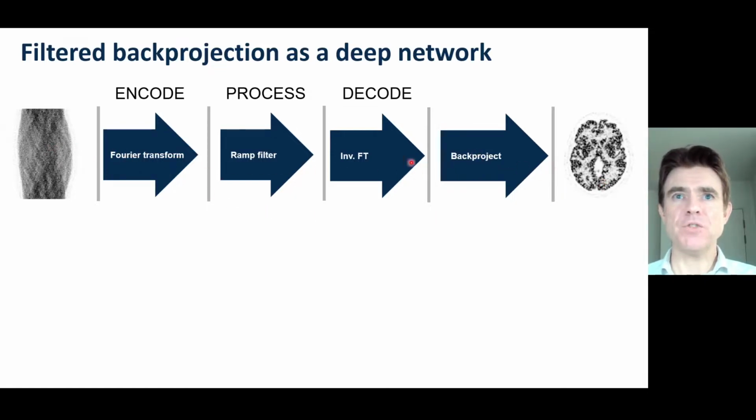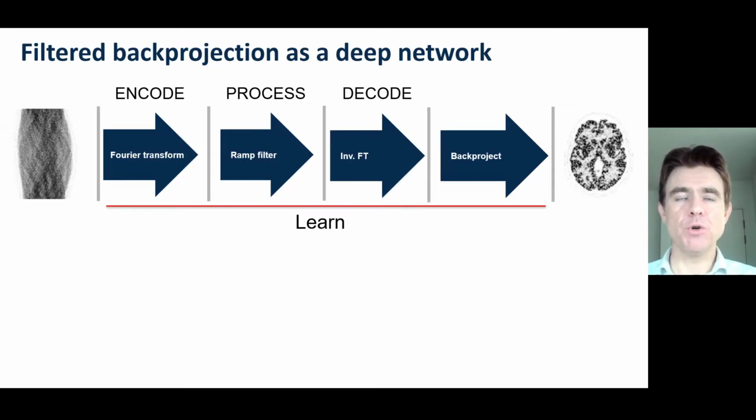So here, these stages are all typically, of course, just pre-chosen and fixed analytically and by empirical choice in terms of any apodization of the ramp filter. Whereas with the machine learning framework, ultimately, we want to be learning as much of this as possible, although of course that's an open question as to how much of it we should learn, how much of it we should rely on our prior knowledge.